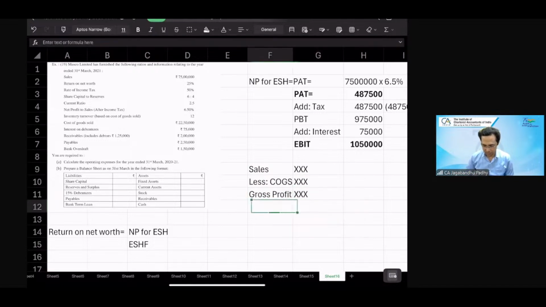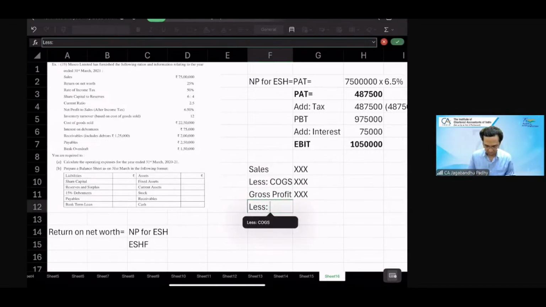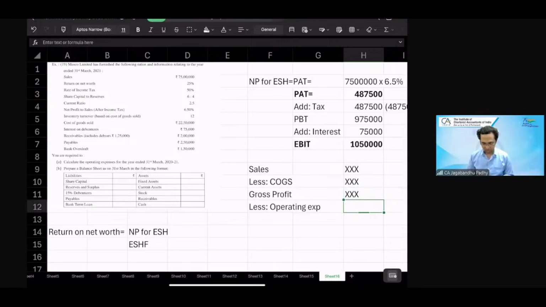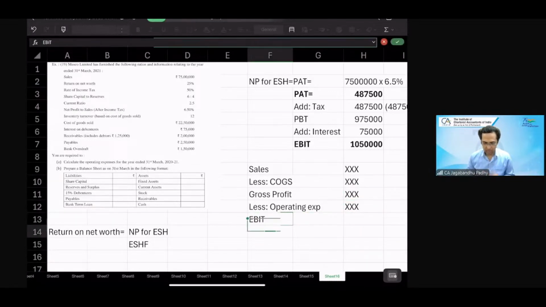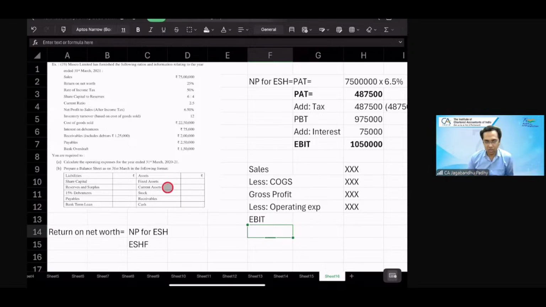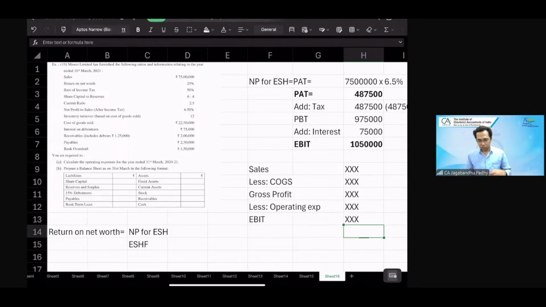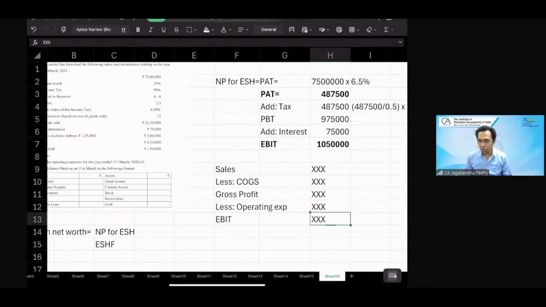From that, you reduce operating expenses, and then you get the EBIT. Now we obviously say that there is nothing non-operating in this part, and therefore you get the EBIT figure here. So we already know that EBIT is this number, and I have to calculate the operating expense.